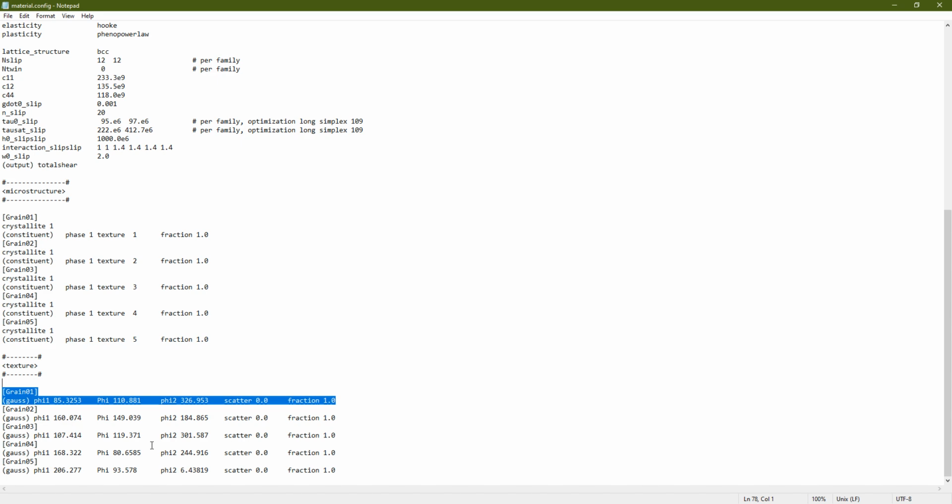So you just copy and paste it here. Whenever you create a geometry file, DAMASK or any software will not just give you these 1 2 3 4 5s. It will also give you separate information about what 1 is, what 2 is, what 3 is. You just have to copy that information and put it in the material file, so DAMASK can correlate it with this.